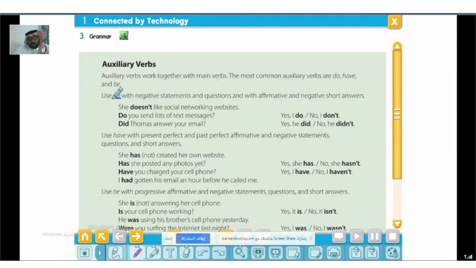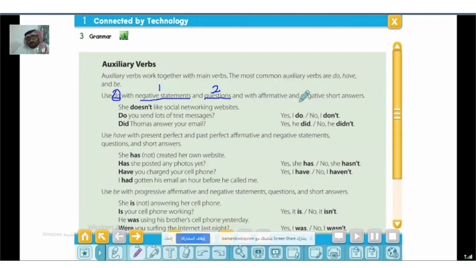Use do with number one, negative statements. Number two, questions.